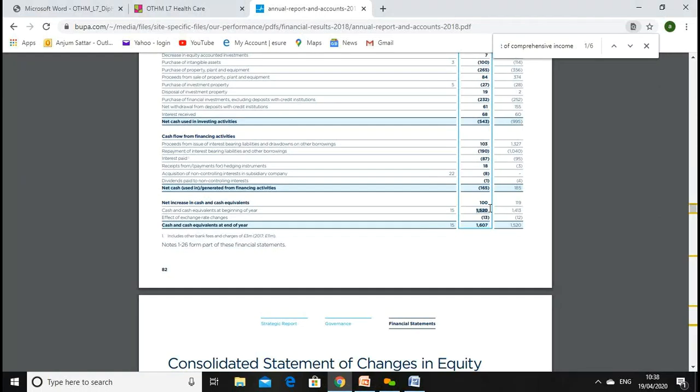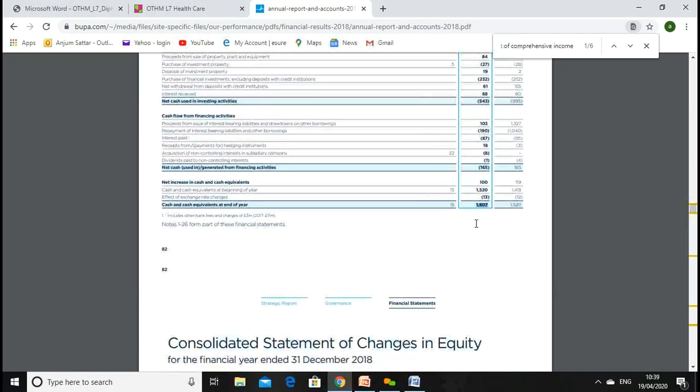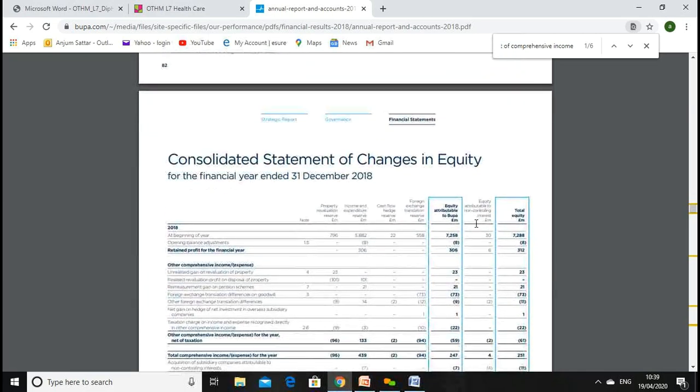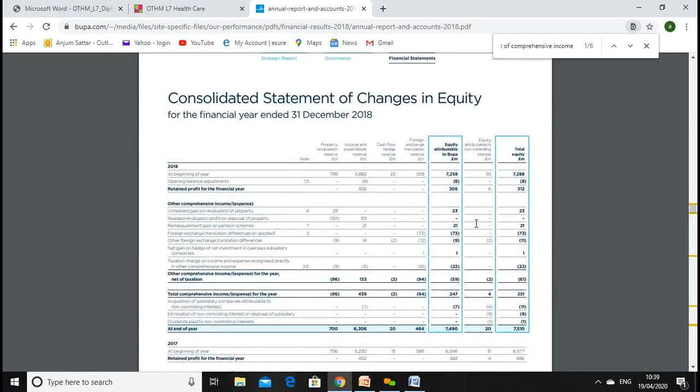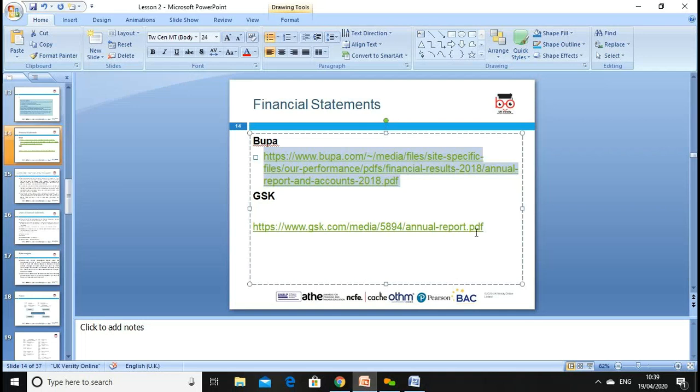Last year was 119 opening balance. Then if there is any change in exchange rate, positive or negative effect, here it is a negative effect, and then you have this year's closing balance. All this is shown, and the equity statement shows how many shares we bought, all explained in this statement. So that's the way we can look around the statements.